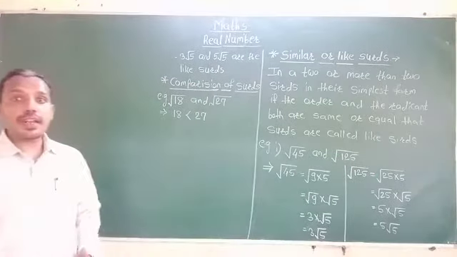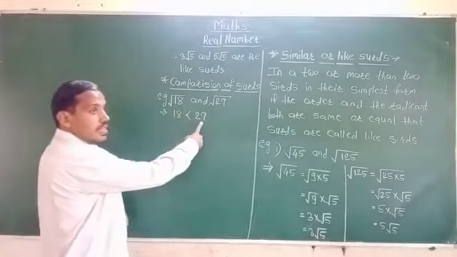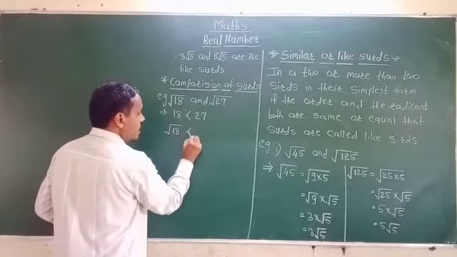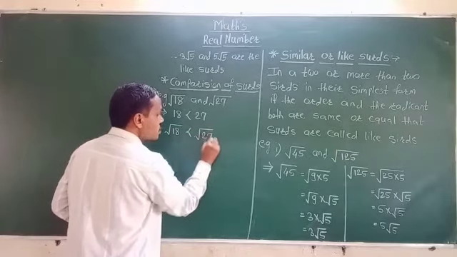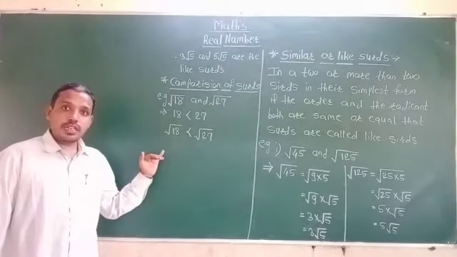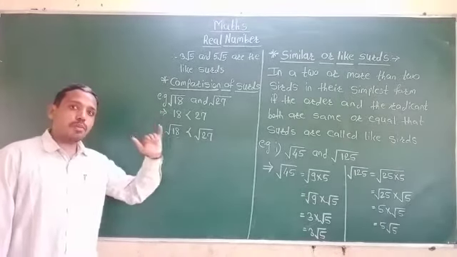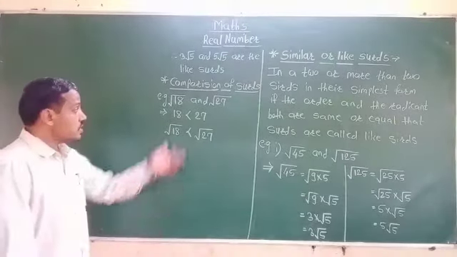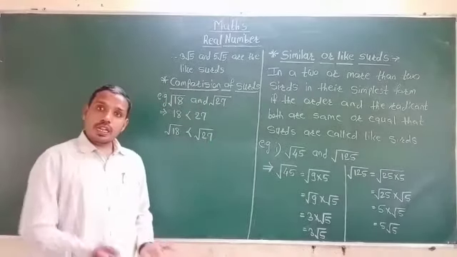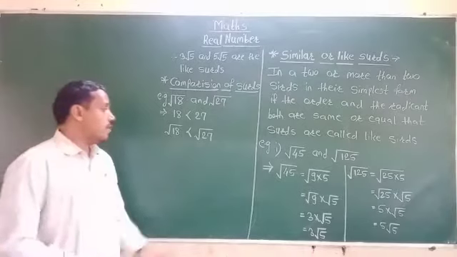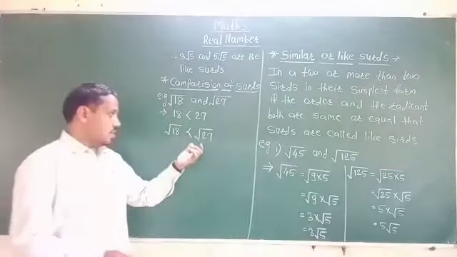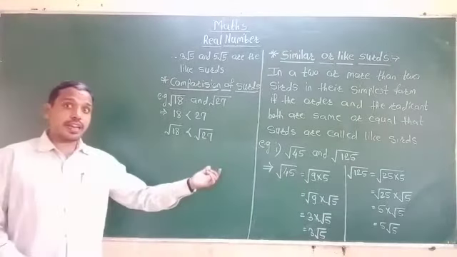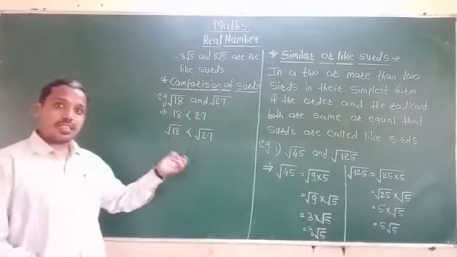Which radicand is greater? 27 is greater, so surd 18 is less than surd 27, or surd 27 is greater than surd 18. So to compare two or more surds, the surd whose radicand is greater is greater, and the surd whose radicand is smaller is smaller.